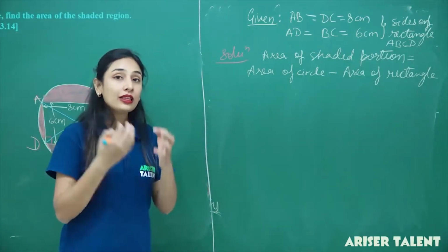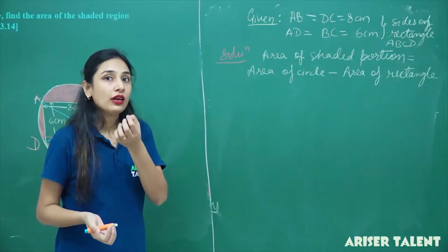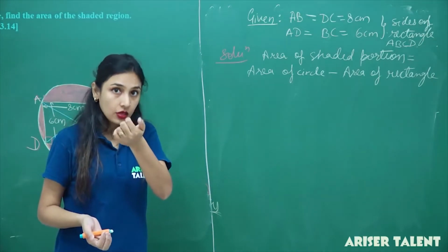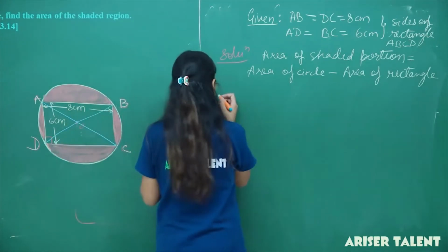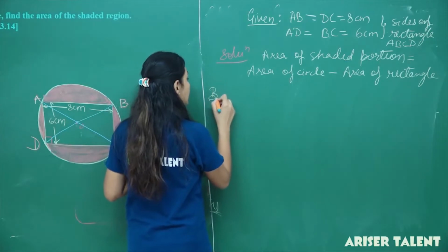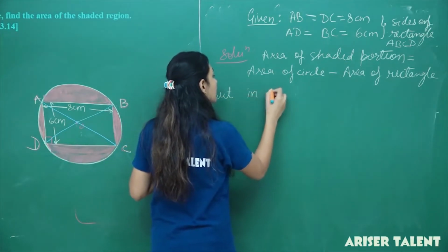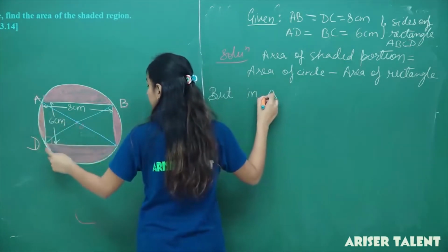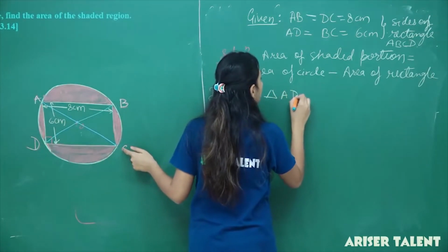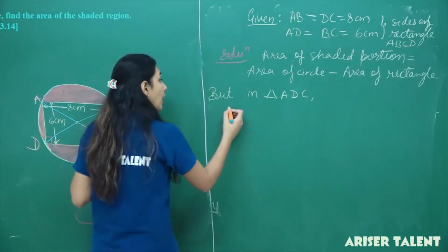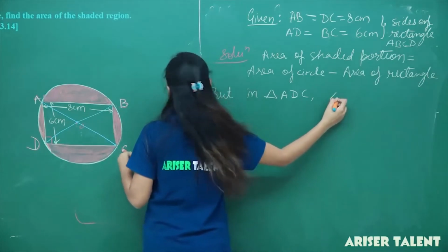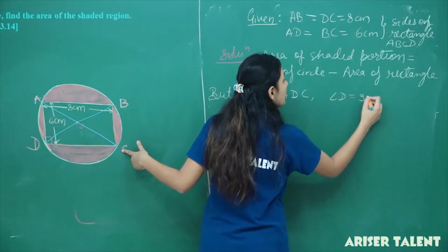To calculate the area of circle, you need that radius. Now in triangle ADC, angle D equals 90 degree.